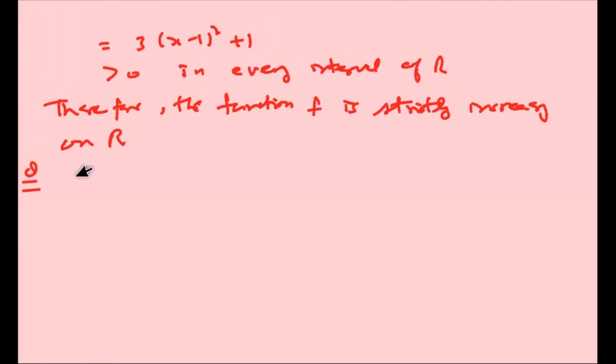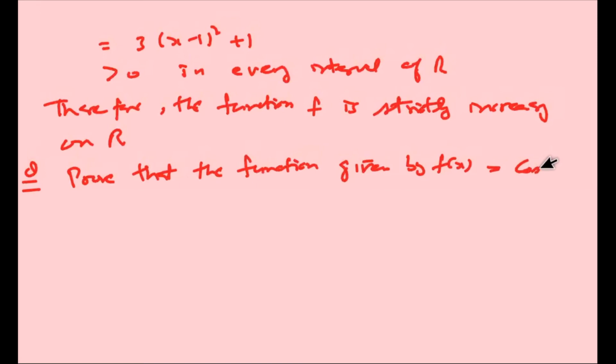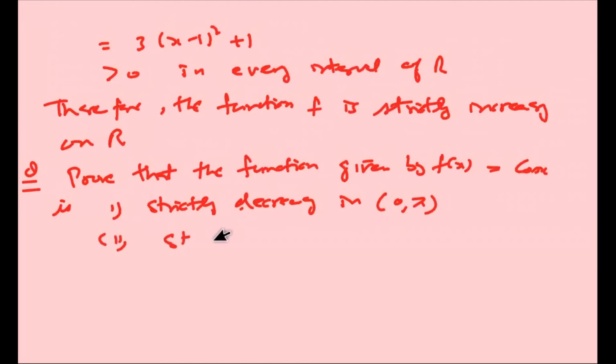Prove that the function given by f(x) equal to cos x is strictly decreasing in interval 0 to pi and strictly increasing in interval pi to 2 pi.